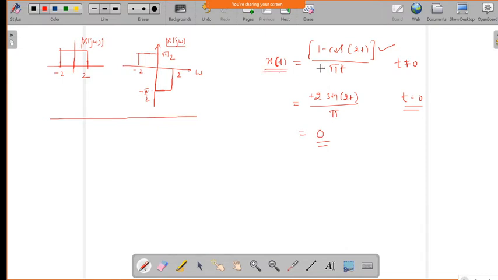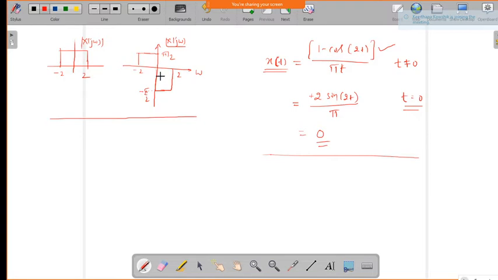You can even replace cos 2t in terms of sin square t, and even apply the differentiation, the L'Hospital rule, and the same result will exist. So this is what we discussed in the last class, and this is the solution for this one.